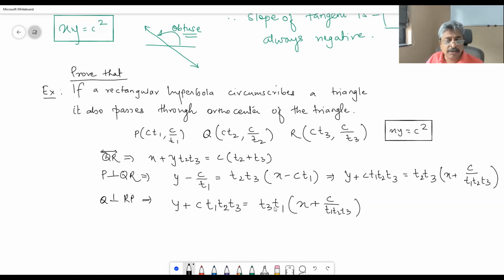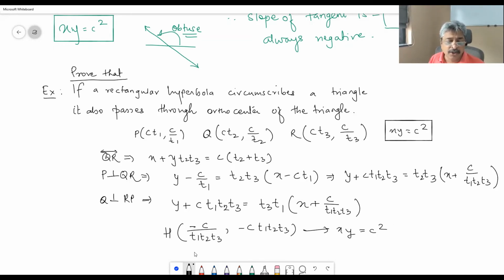Now if you solve these two equations simultaneously, you get the point of intersection, which happens to be minus c upon t1 t2 t3 comma minus c t1 t2 t3. So the point of intersection H satisfies the original hyperbola xy is equal to c square, right?